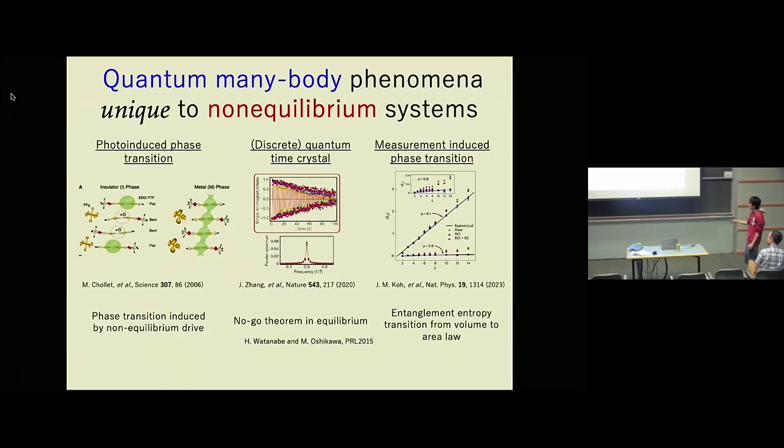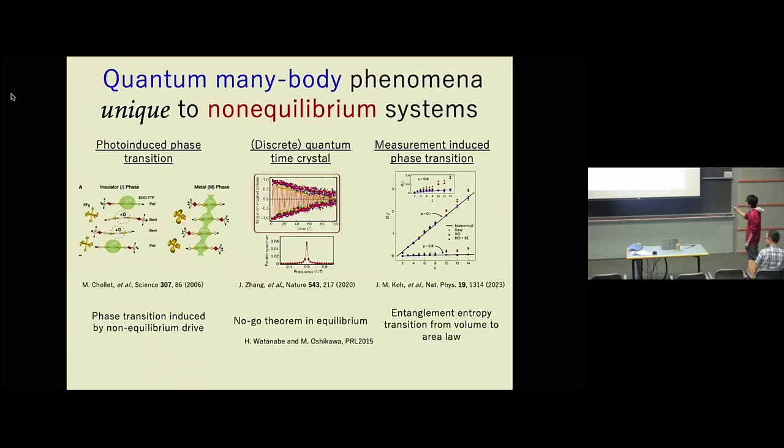That's by definition a non-equilibrium transition. There's something called a discrete quantum time crystal, where by shining a light at some frequency, it bifurcates into a period-doubled state, which is forbidden in equilibrium, as proven by Haruki Watanabe and Oshikawa.